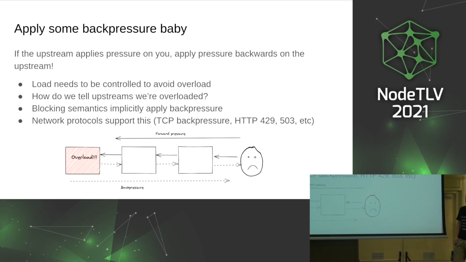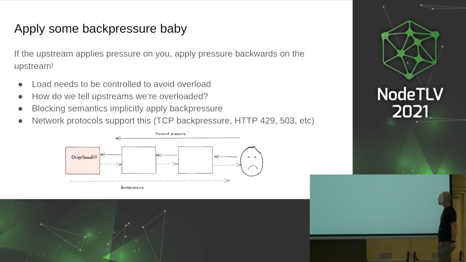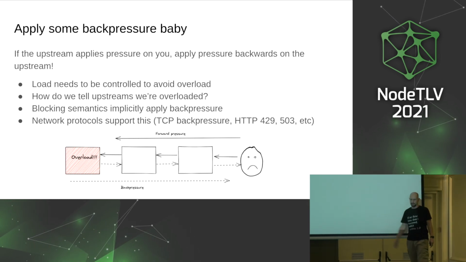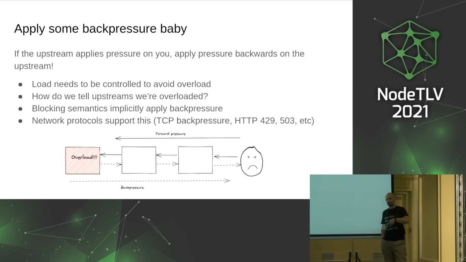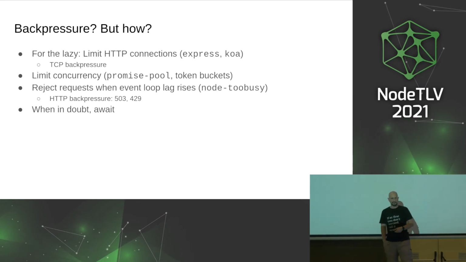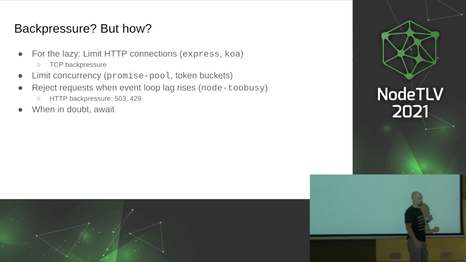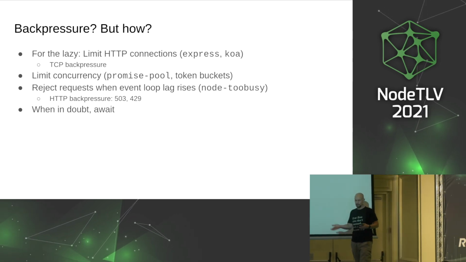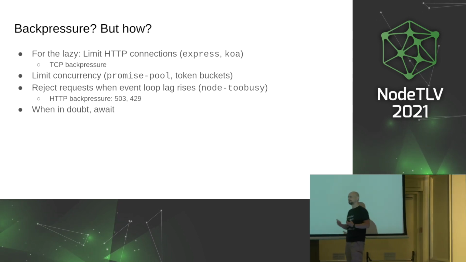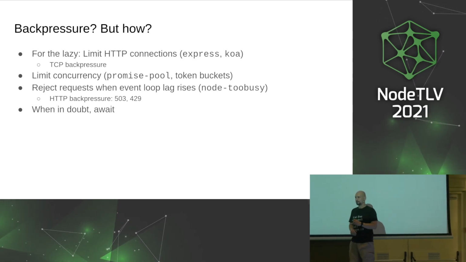And how do we do this? There's two ways. TCP supports this with TCP backpressure, and HTTP supports this with the 429 status code and 503 status code, basically. Okay, so what do we do in Node.js to do this? If you're very lazy, you can just limit the amount of HTTP connections that are going in with Express or Koa, and then they will apply TCP backpressure.